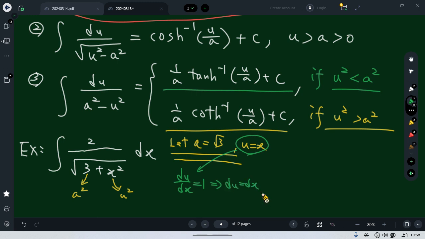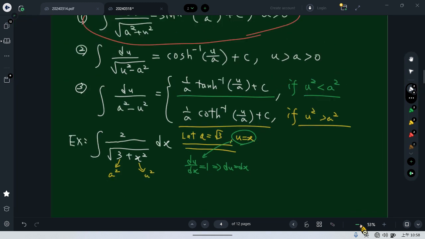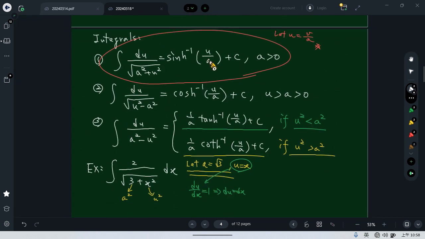So based on this, you can follow the result with 2 because it's a constant, right? We can move it out of the integral. Then the rest part is 1 over the square root of a squared plus u squared. So it will match this formula.